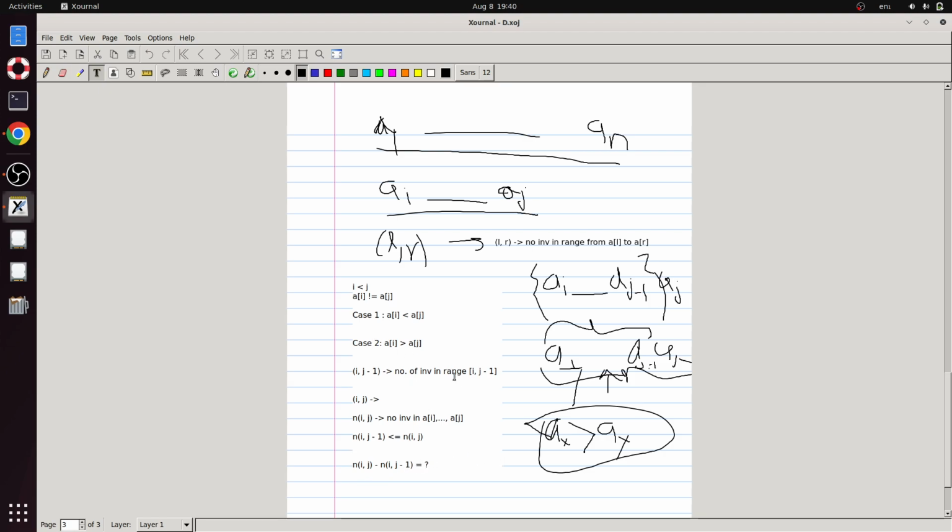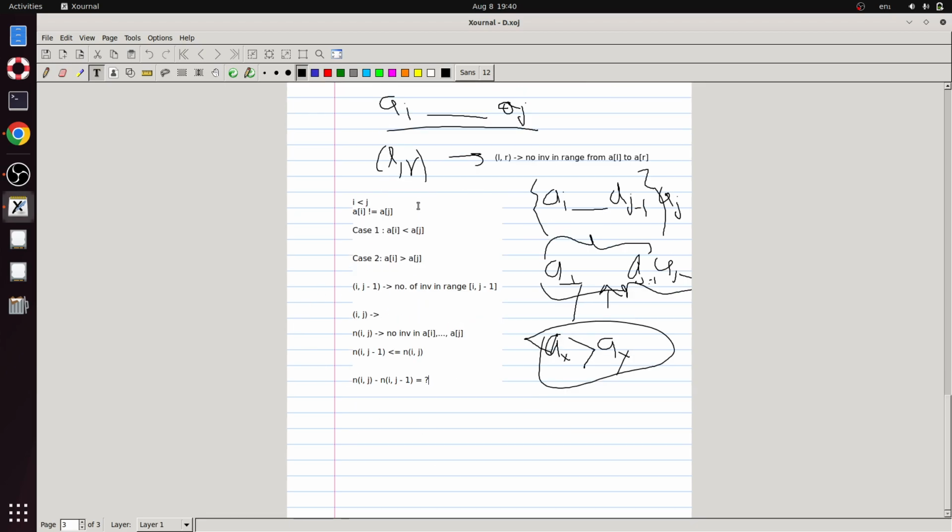Now you see, in any inversion that is present in range I till j but not present in range I till j minus 1, so this is a of I, this is a of j minus 1 and this is a of j.